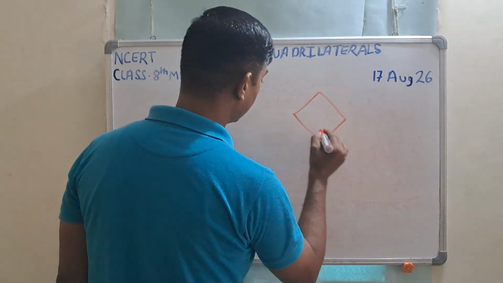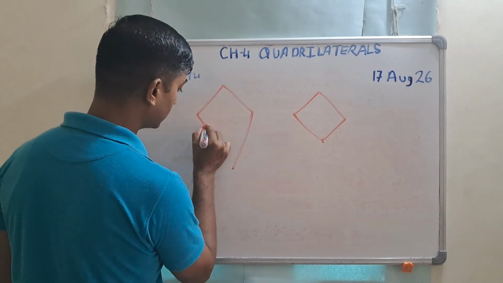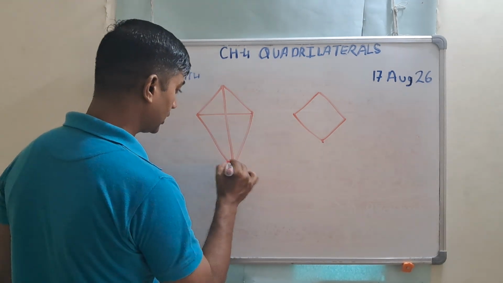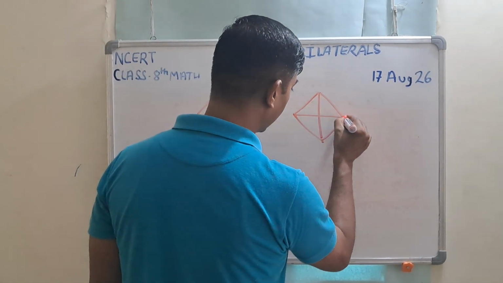Now see, this is our rhombus and this is our kite. Understood? In a kite we have diagonals perpendicular, and in a rhombus also we have diagonals perpendicular.